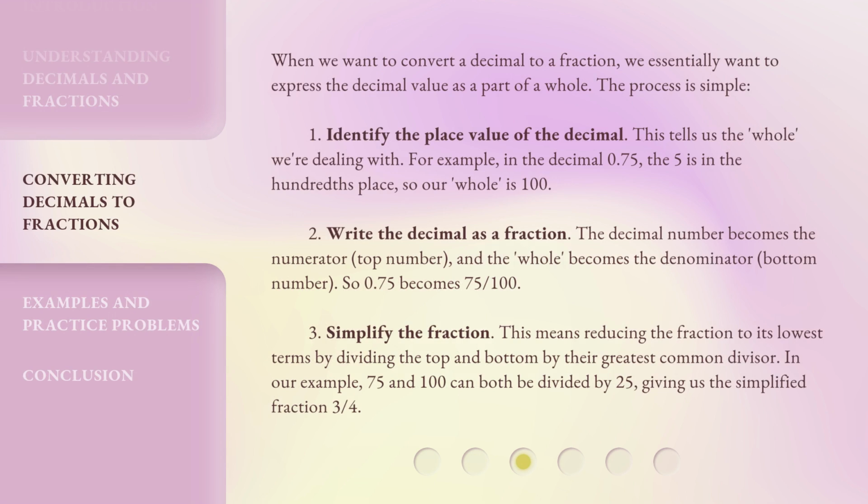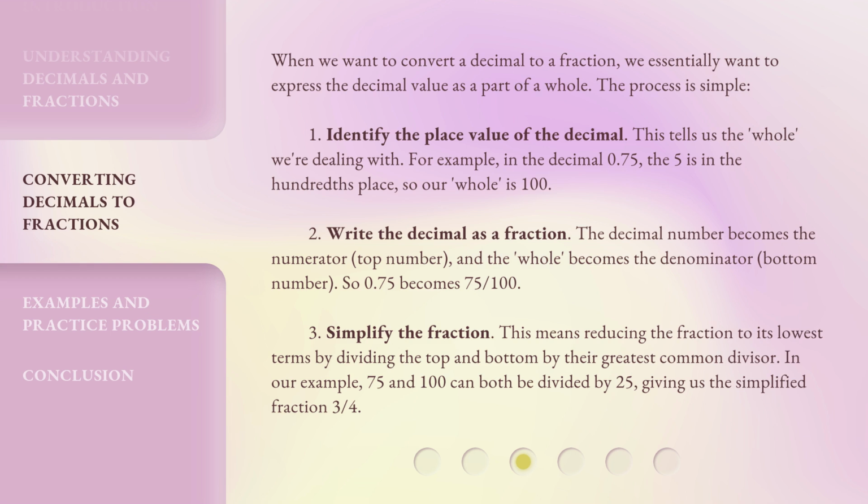When we want to convert a decimal to a fraction, we essentially want to express the decimal value as a part of a whole. The process is simple. 1. Identify the place value of the decimal. This tells us the whole we're dealing with. For example, in the decimal 0.75, the 5 is in the hundredths place, so our whole is 100. 2.